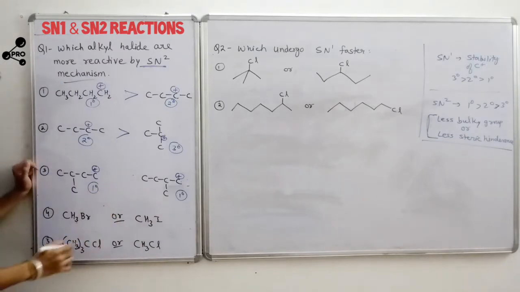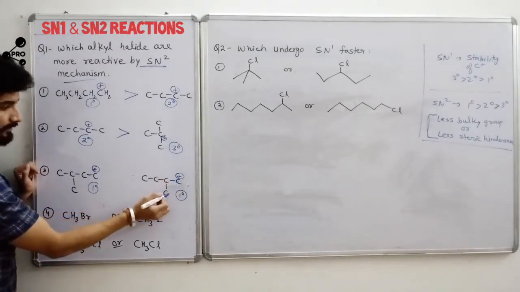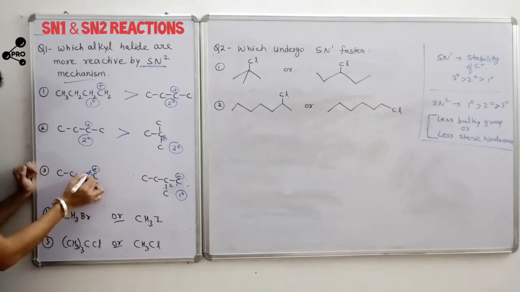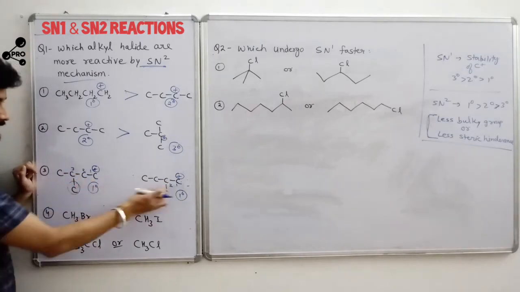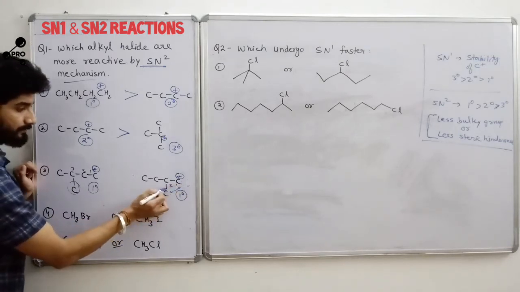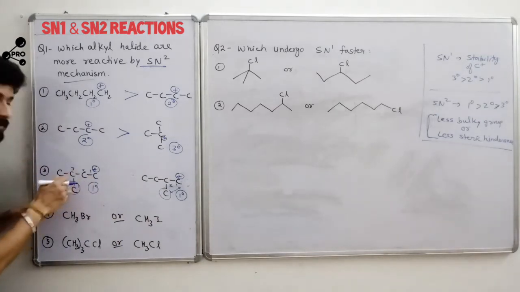We can see that from this carbon, the methyl group, CH3, is nearer. It is in the second position, but in this part the methyl group is present at the third position. So there is more steric hindrance here, because this methyl group is near to the carbocation, but in this case the methyl group is further from the carbocation.